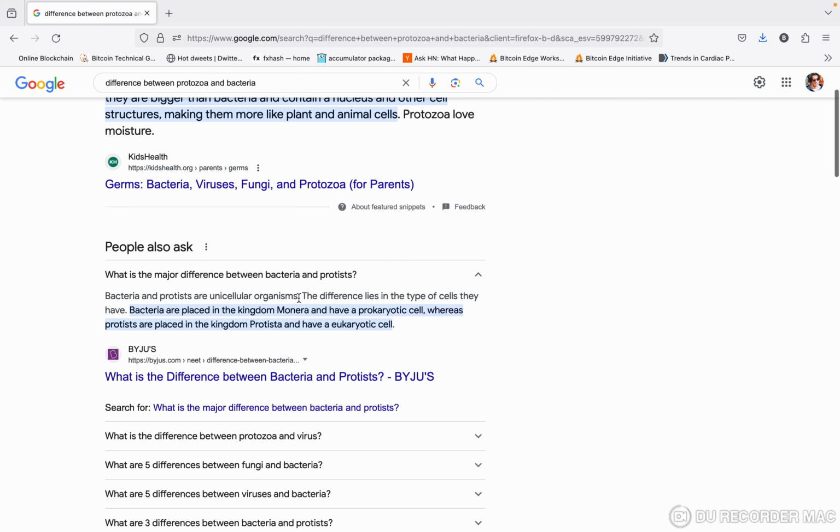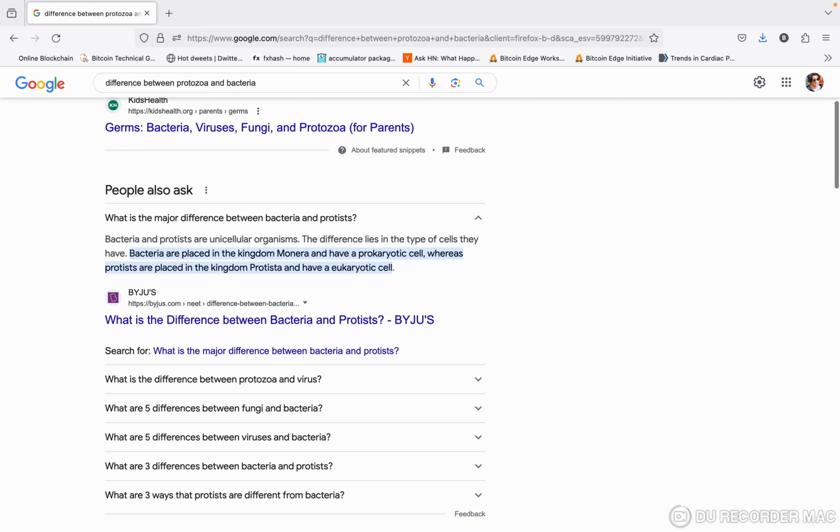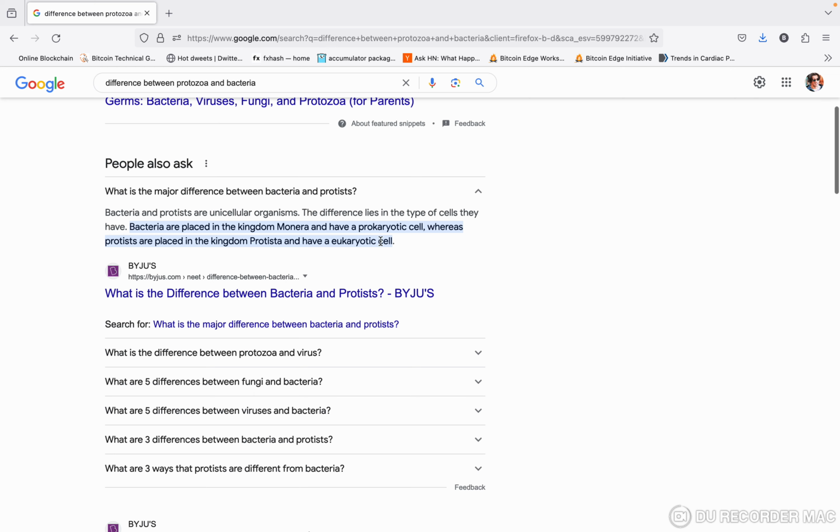Bacteria are placed in kingdom Monera and are prokaryotes, while protozoa are in Protista. Okay, they are in different kingdoms, but both are unicellular.